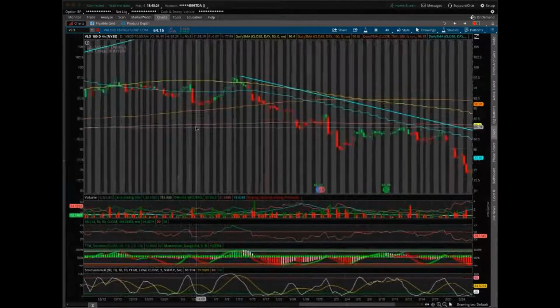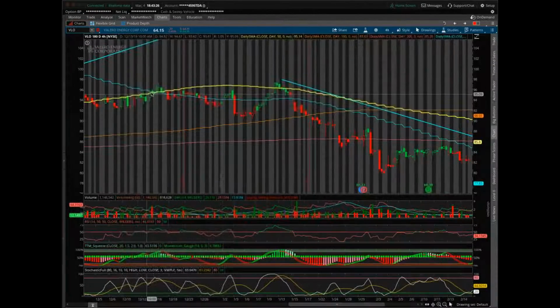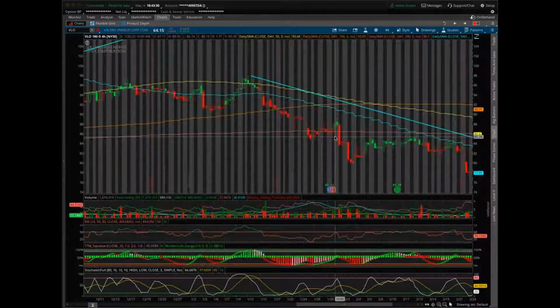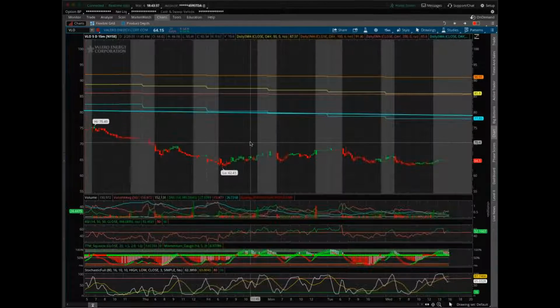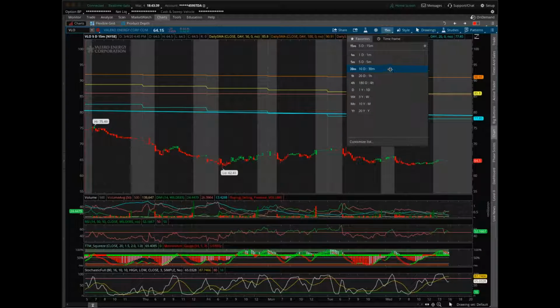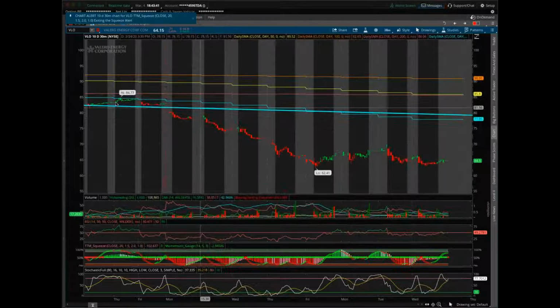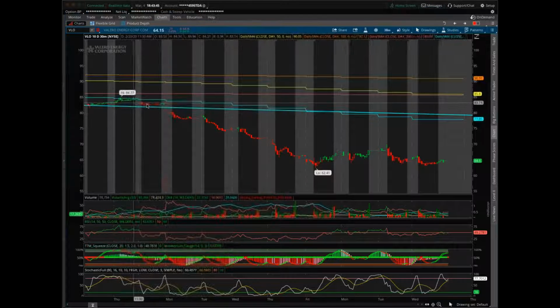So we see that our 50-day was acting as resistance here, and then our 20-day was acting as resistance here. And when we go on a 15-minute chart or a 30-minute chart, we could see that resistance hit and sell off.